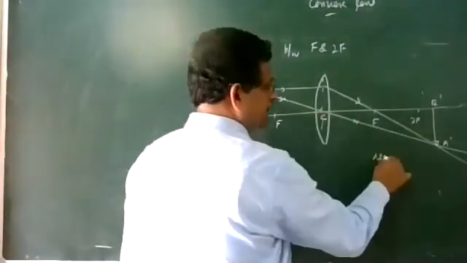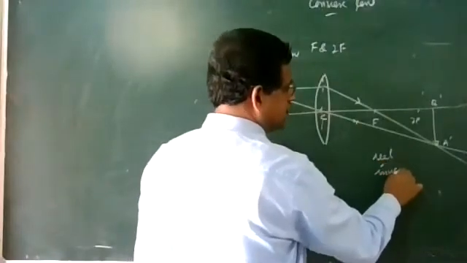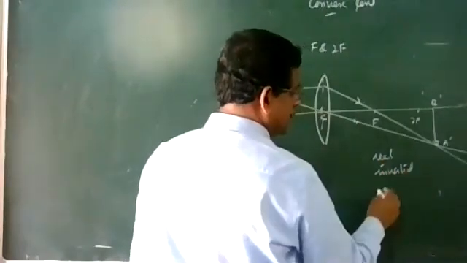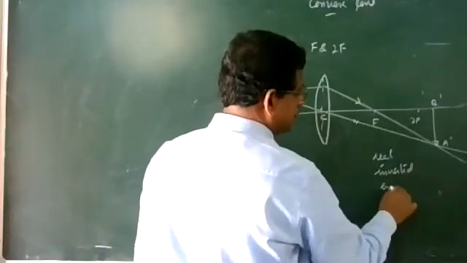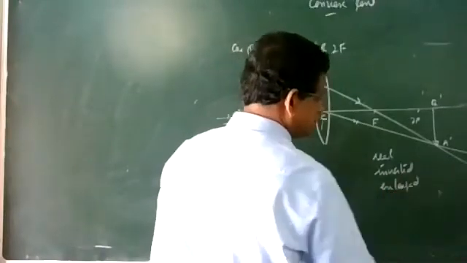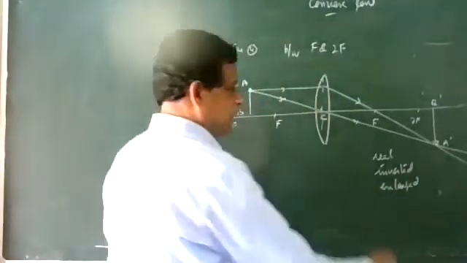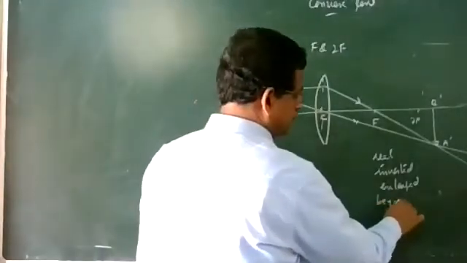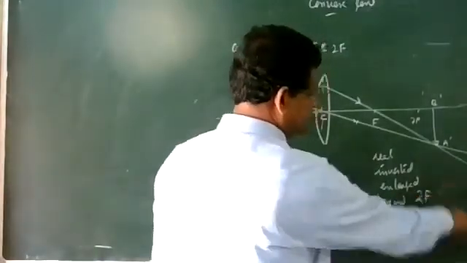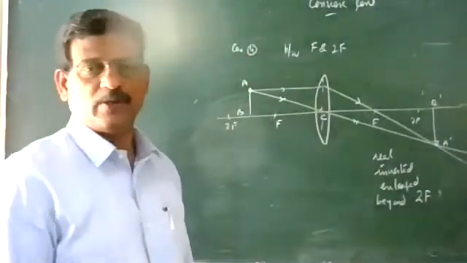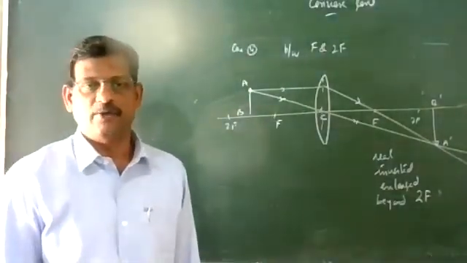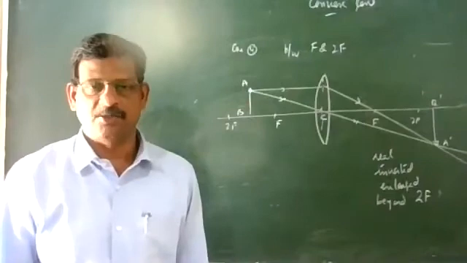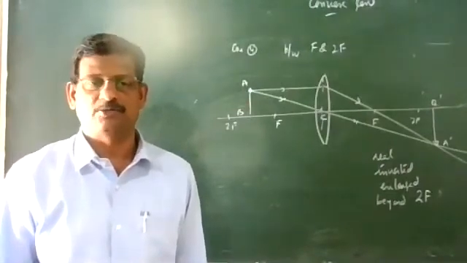So the image again is inverted and enlarged. Bigger in size and formed beyond 2F. Real, inverted, enlarged image beyond 2F. It's very important.